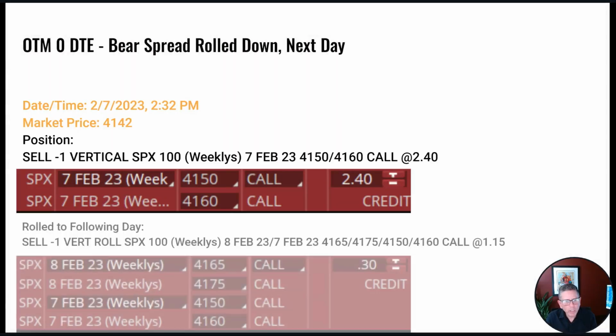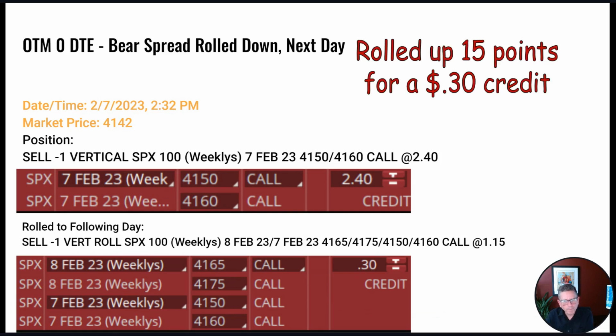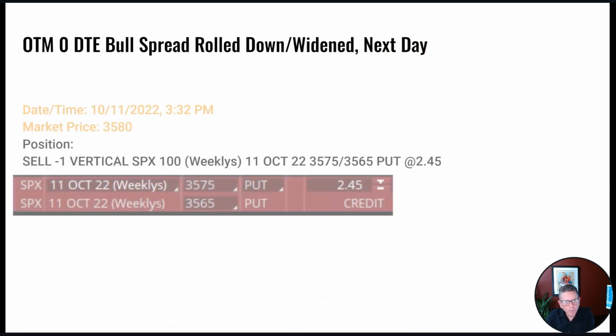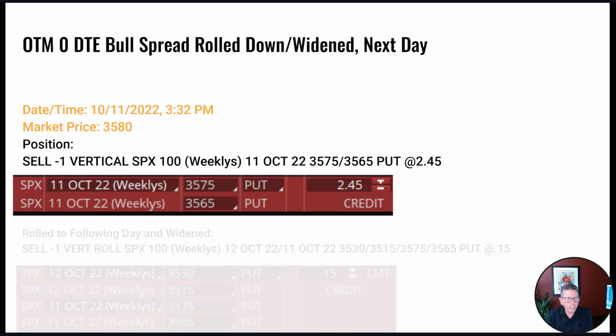Now here we did it with the bear spread, and you can see that here we got a 30-cent credit, and it was only 15 points away from the market. So there's a big difference between bull spreads and bear spreads when you're doing 0 DTE.